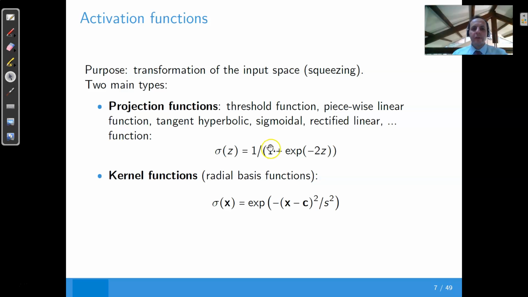Of course, there is another family of neural networks which are the radial basis function neural networks. We are not going to consider them in this course, but they represent an alternative approach because on one side their structure is very simple.